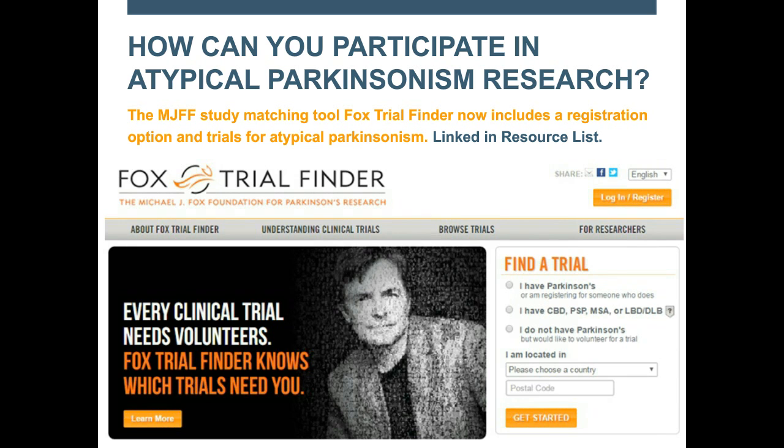There are so many resources out there, if it's PT or some sort of therapy. Keeping moving is really important, and staying involved and informed. The Fox Trial Finder is really great. I'm so happy that they have the atypical Parkinsonisms as part of that now, and there are things within each person's community that they can get involved in, hopefully, and keep active with.